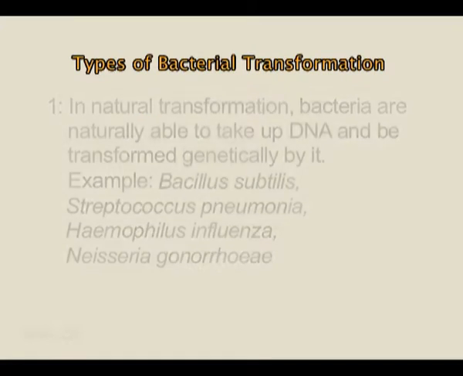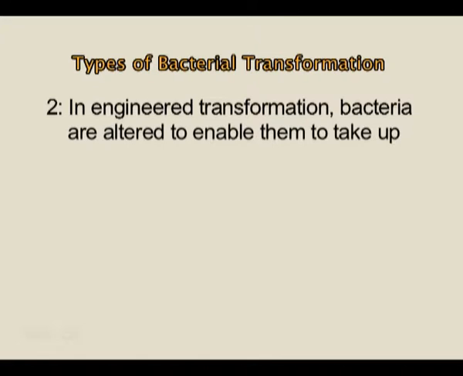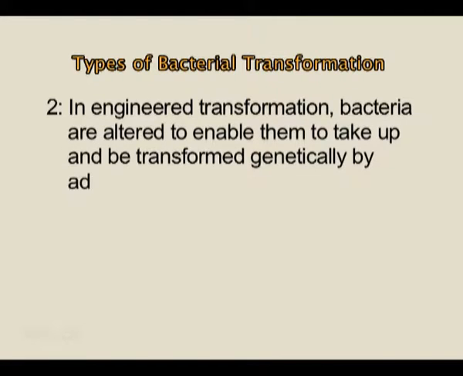On the other hand, there are certain bacteria which are not naturally transformable and we make them competent by artificial means, like application of calcium chloride or heat shock, or by using electric current or electric shocks. We transform not naturally transformable bacteria with a foreign DNA. So this is called engineered transformation, and the most promising example is Escherichia coli.